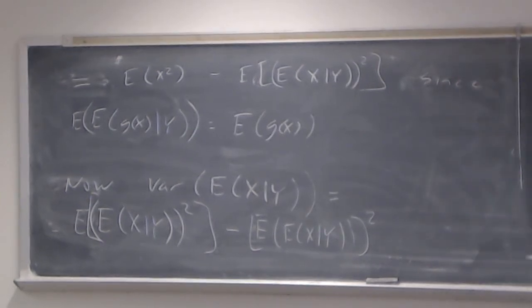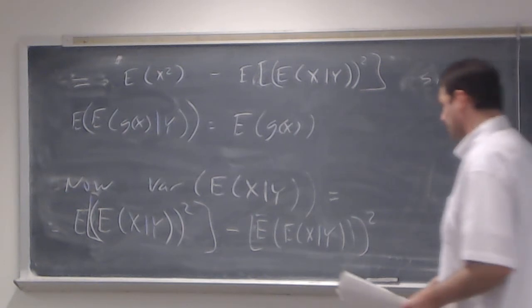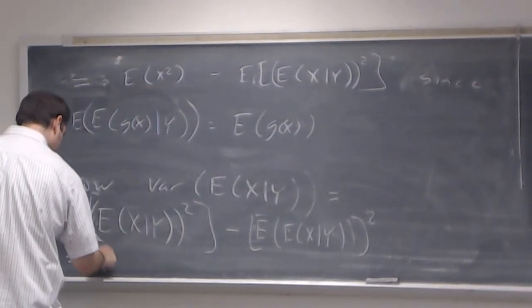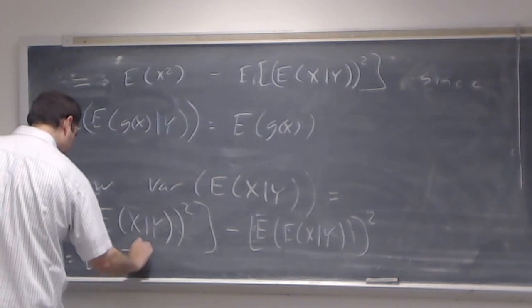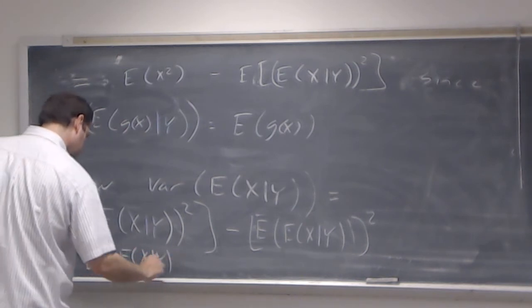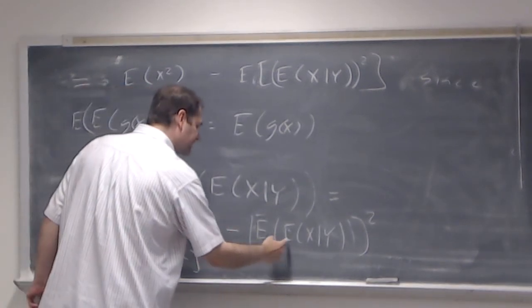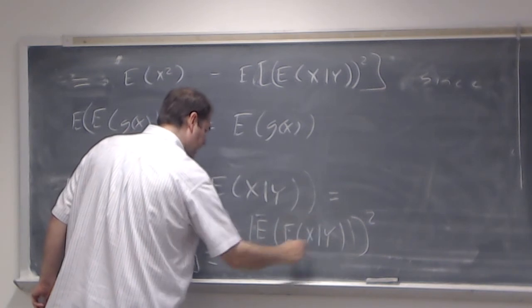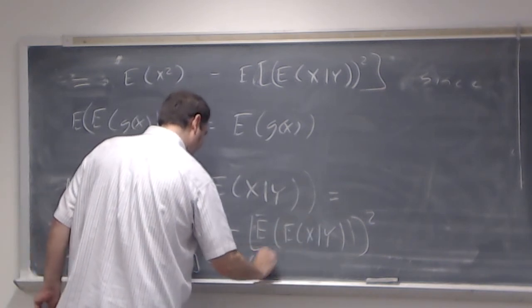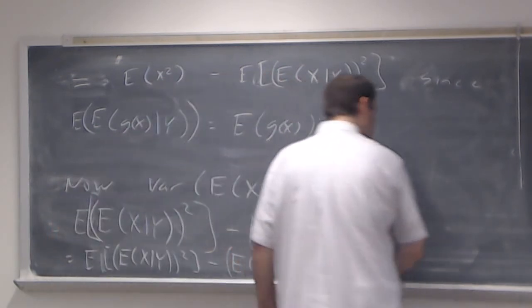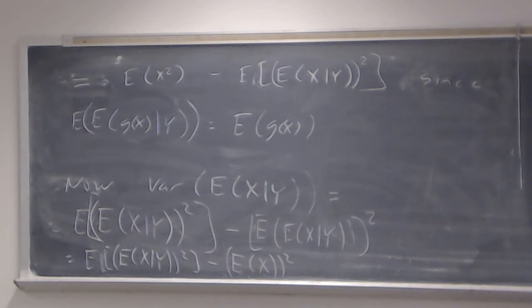That's what this formula is. I'll leave the first part alone, minus, of course, the expected value of the conditional expectation is nothing more than the expected value of x, squared. So in our formula, we're working with those right-hand sides. We're trying to show that that's equal to the variance of x.